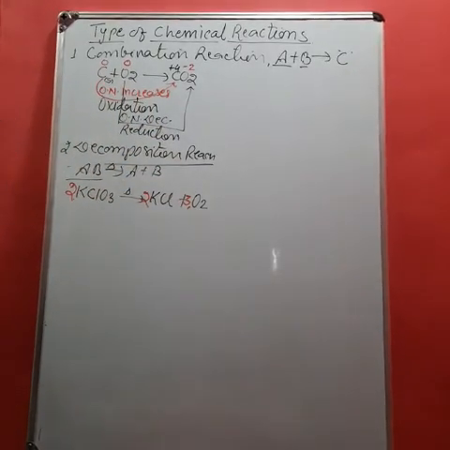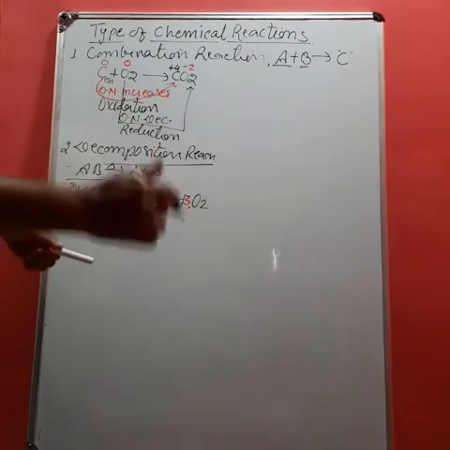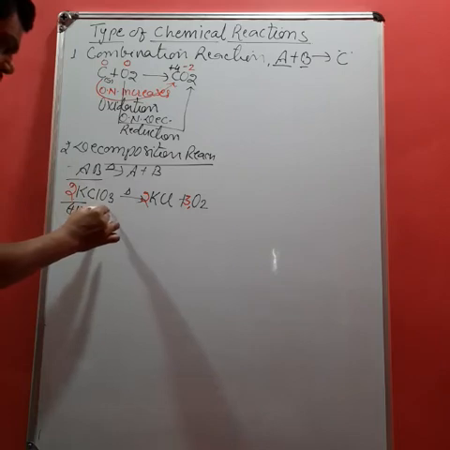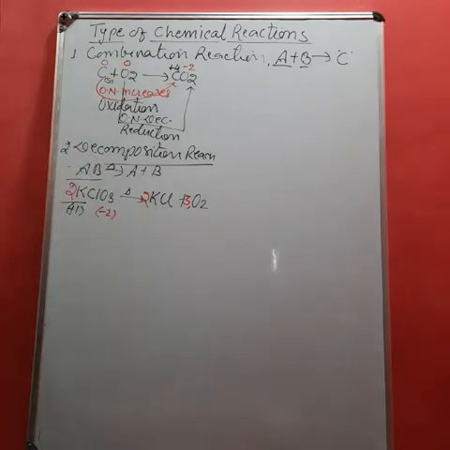O2. Now find how oxidation and reduction take place in this reaction. You know that the oxidation state of potassium is always +1, it never changes. The oxidation state of oxygen is -2, but the Cl shows variable oxidation state.